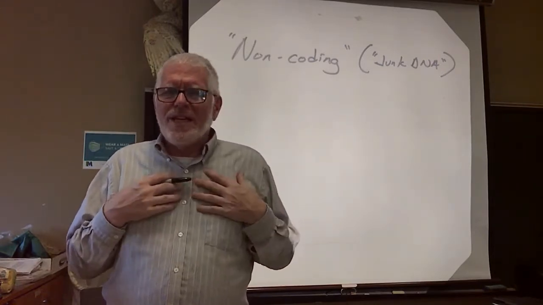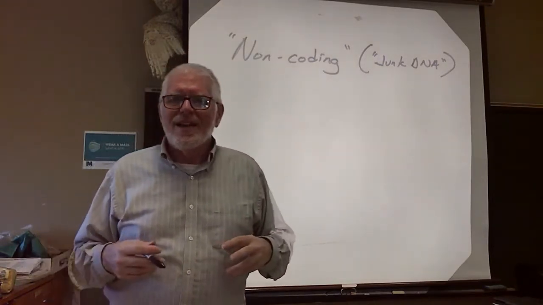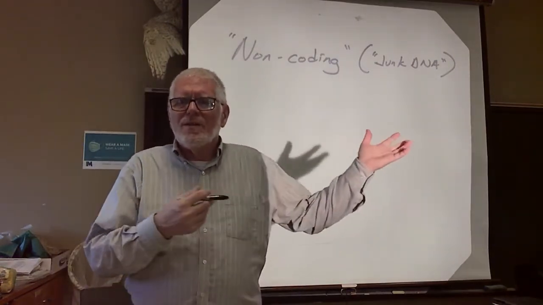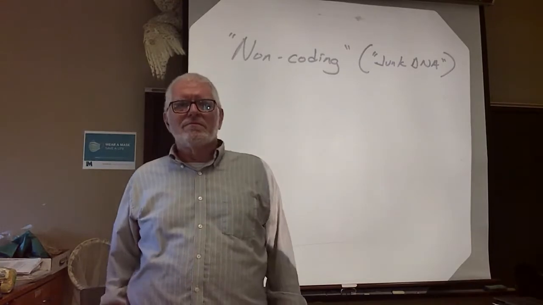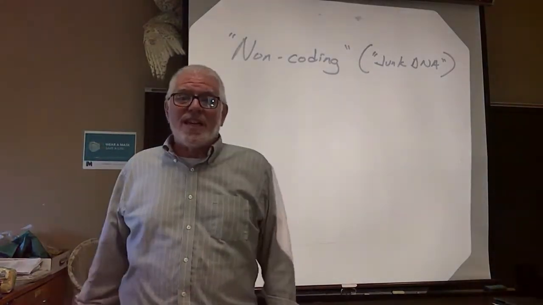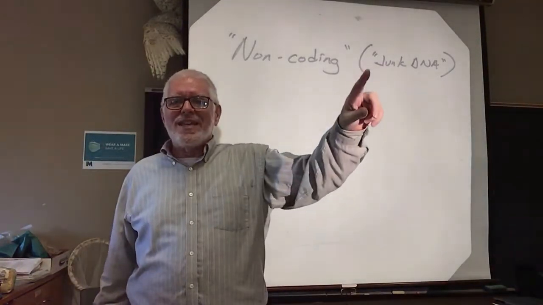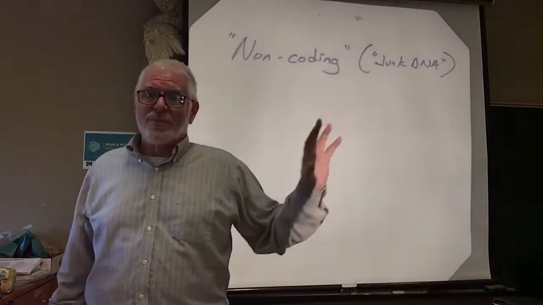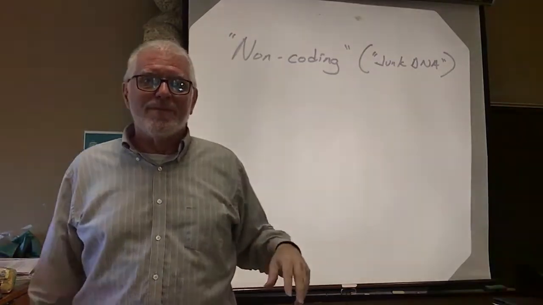And of course, being people, for a while the folks that had discovered this said, we can't figure out what it's doing. Must not be doing anything important. And so they coined the term junk DNA. I'm sure right now they hate that they did that because it makes them look really kind of dumb.